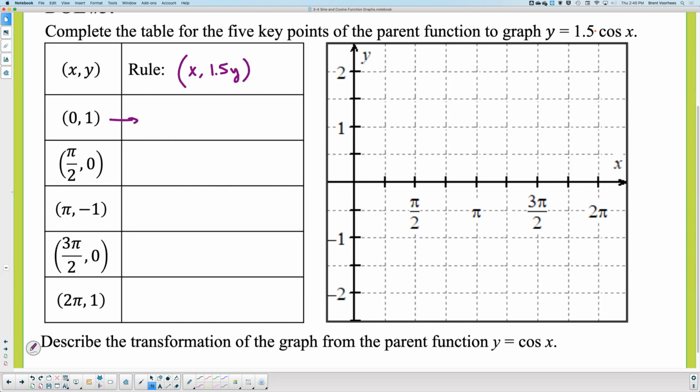So every x remains the same, but the y's get multiplied by 1.5, which equals, you don't want to just put parentheses on it. That's going to equal 0, comma 1.5. That's our new maximum, 0, comma 1.5. Let's plot that.